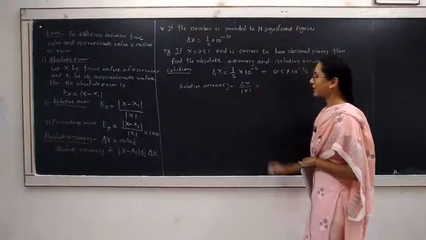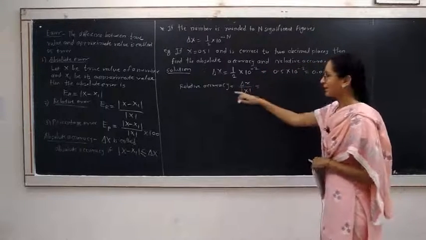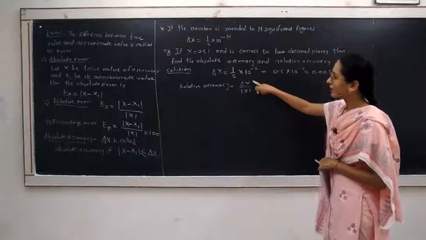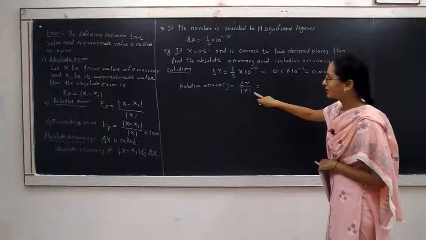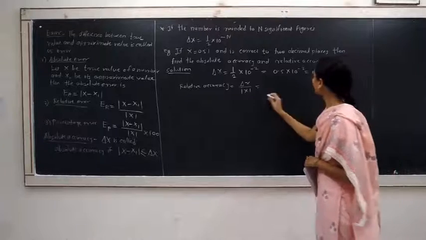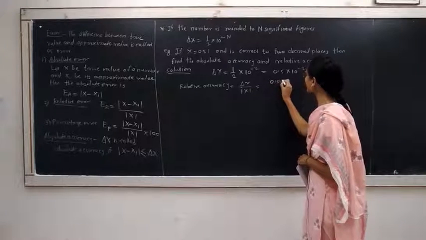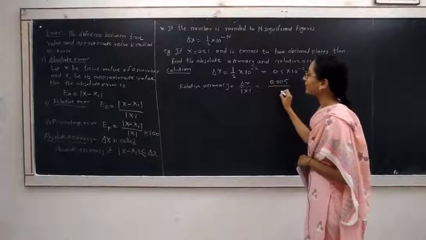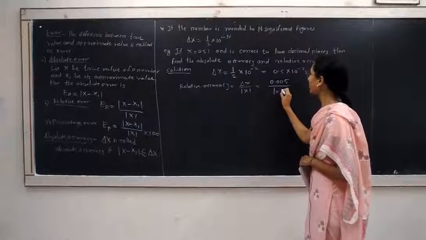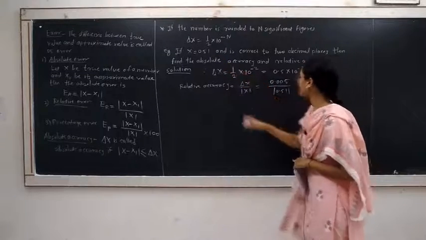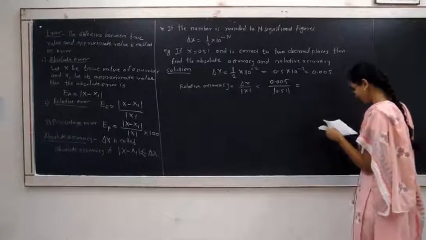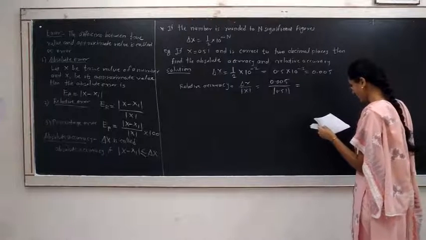Delta x is the upper limit of the absolute error, and relative accuracy is the ratio of absolute accuracy to the true value. Delta x is 0.005 upon mod of 0.51, where 0.51 is the value of x. This ratio will be 0.0098.